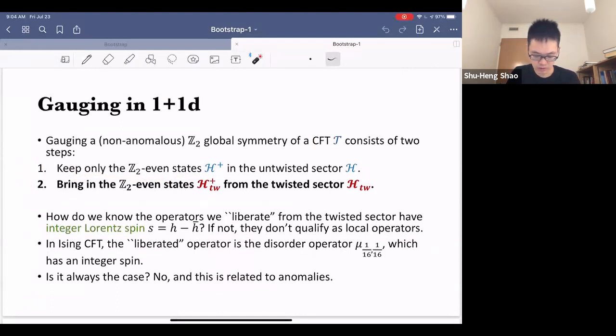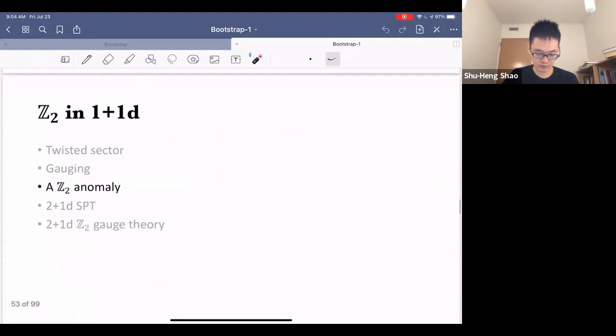But how do we know the operators we promoted or liberate from the twisted sectors have integer Lorentz spin? In the case of Ising, that's the disorder operator, and that's consistent. But that's not always the case. And that's where we will run into anomaly.